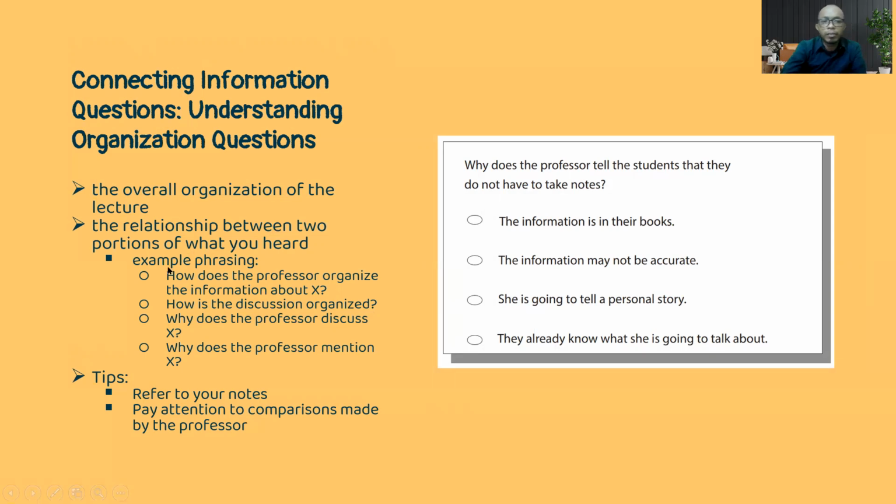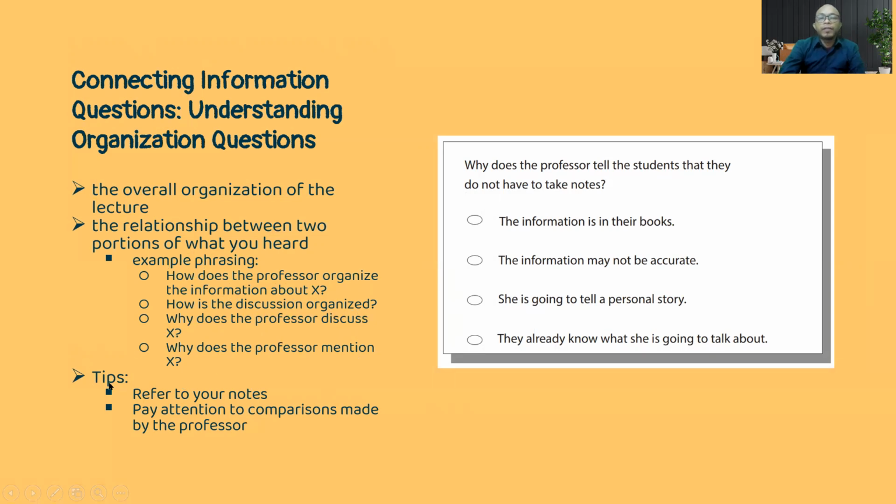So here are some example wordings. How does the professor organize the information about something? How is the discussion organized? Why does the professor discuss something? This is an example of that. And then why does the professor mention something?